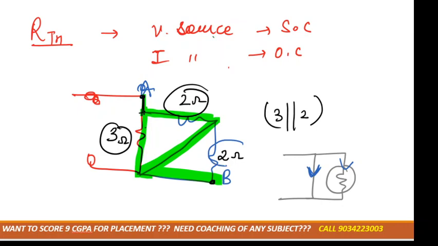So if current is not going to 2 ohms, then in that case we'll not consider this 2 ohm resistor. Okay, so we have to ignore this because current is not moving. So current has two options here, either it will go through this path or it will go through this path. Although it is the longest path, it will follow the plain path instead of the path having resistance. Okay, so current will move like that.